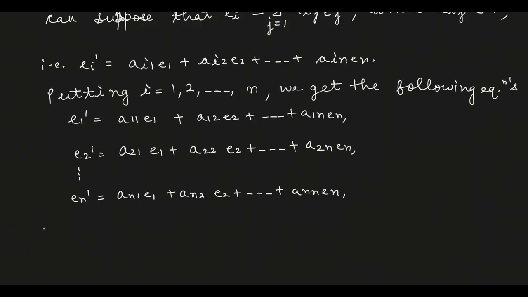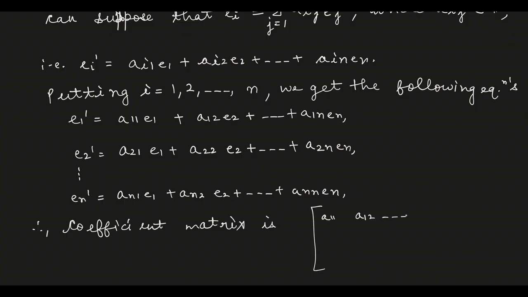So coefficient matrix is a11 a12 a1n, a21 a22 a2n.